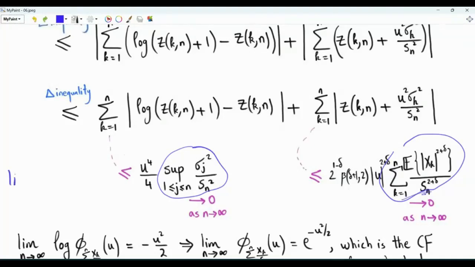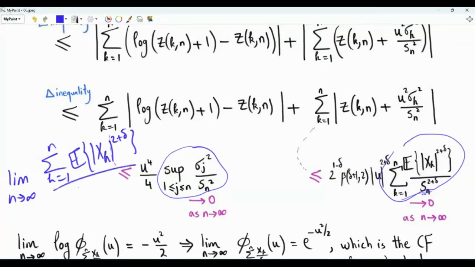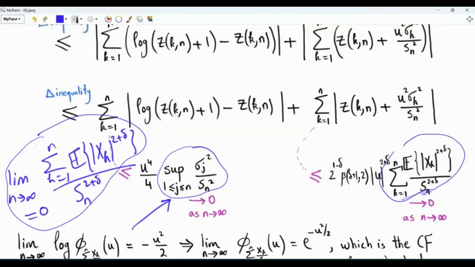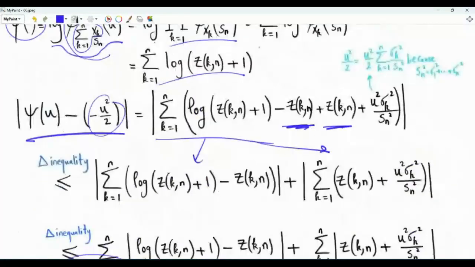Note that we needed the limit as n tends to infinity of summation k from 1 to n of the expectation of the magnitude of xk to the power 2 plus delta, and delta is positive, divided by Sn to the power 2 plus delta, we needed this limit to be equal to 0. And this limit being equal to 0 is actually used in showing that the supremum of sigma j squared divided by Sn squared also tends to 0 as n tends to infinity. This difference here goes to 0 as n tends to infinity.